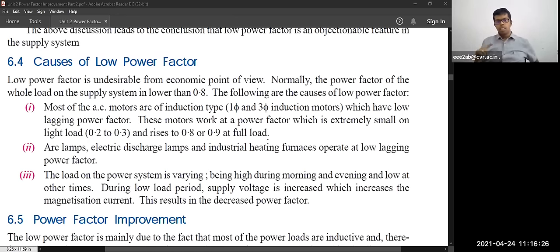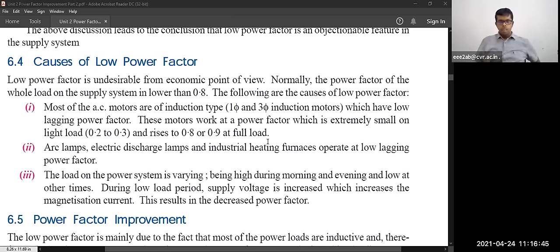If you tell the lineman beforehand, the lineman will also intimate the nearby substation that in this particular area there is construction work going on for 5 or 6 hours.